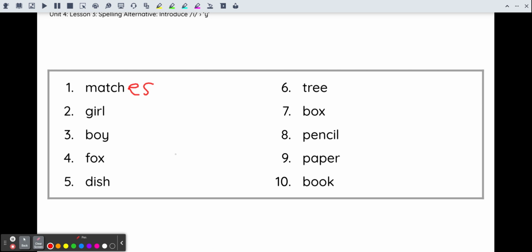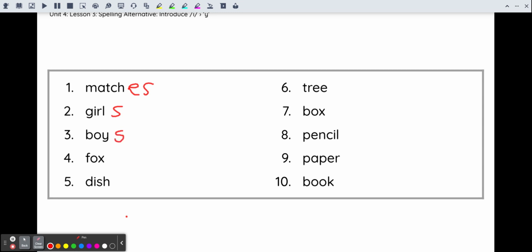One girl, two girls. How do I change girl to its plural form? If you said add S, you are correct. One boy, two boys. How do I change boy to its plural form? If you said add an S, you are correct.